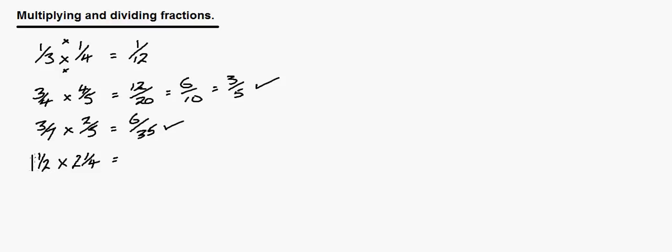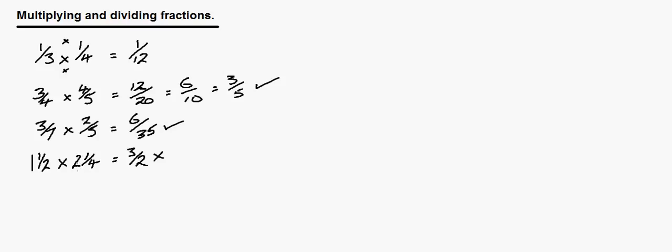Now we've got 1 1/2. Now I know in 1 there are 2 halves, plus this 1/2 is 3 halves. Okay? Because 3 halves will give me 1 1/2. Now 2 1/4, well, I know there's 4 quarters in 1.